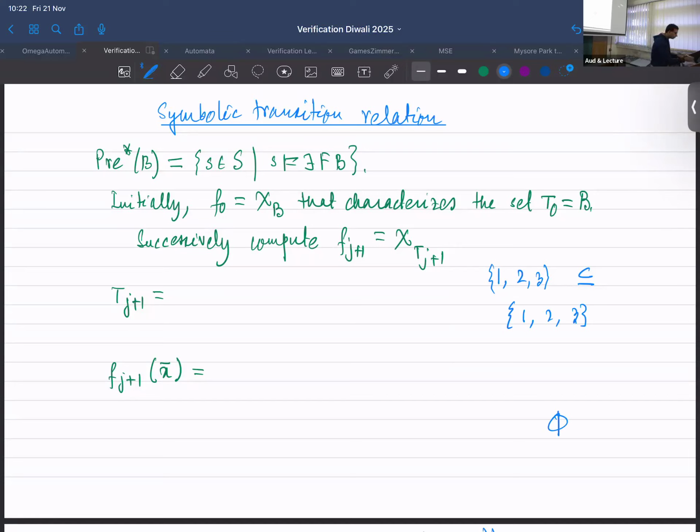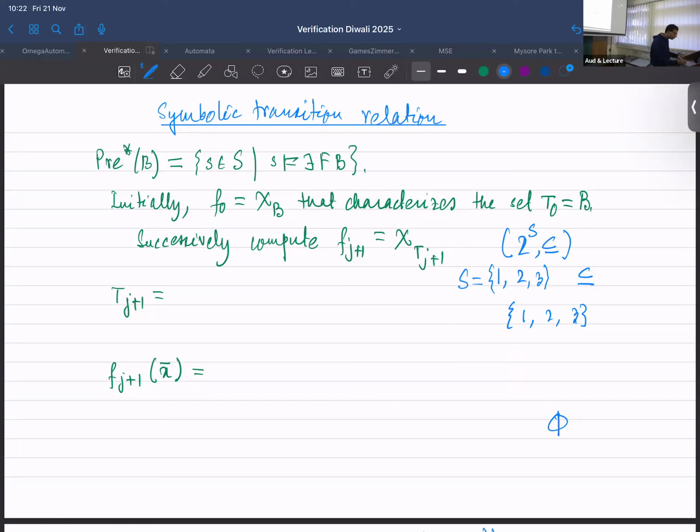The elements of the lattice are essentially all subsets of this {1, 2, 3}. It's the power set of this set. So you can have a partial order on the power set of S, with the subset relation as the order.